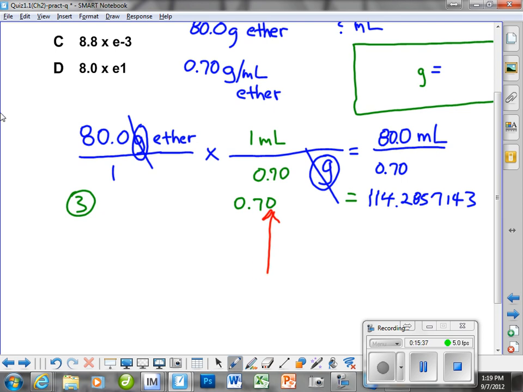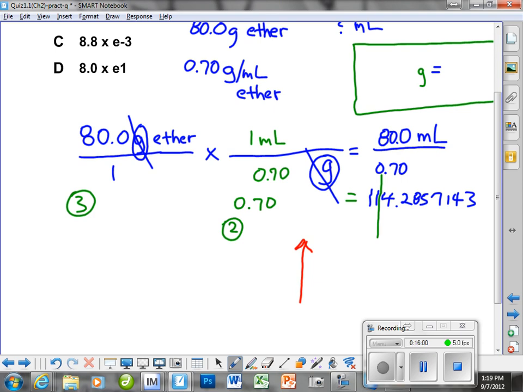So 2 sig figs on my other number limits my accuracy, and I go and look at the number and I move the arrow here, 1, 2, and that's all the sig figs I get. So I'm going to have to make a line to the right of the second number.